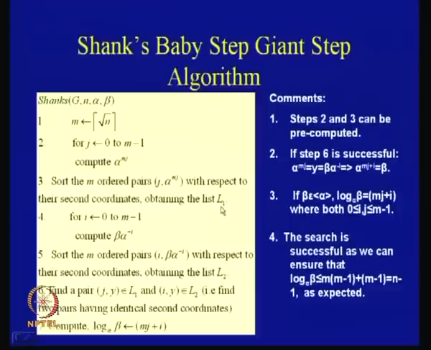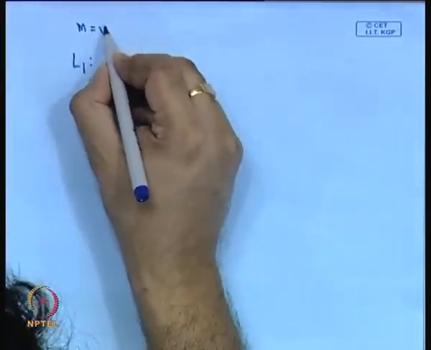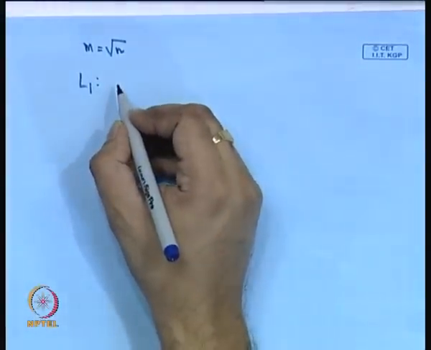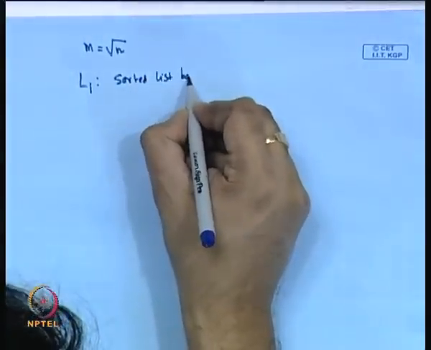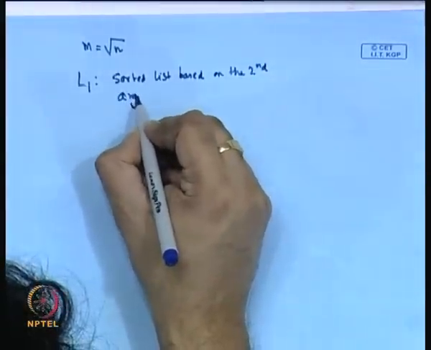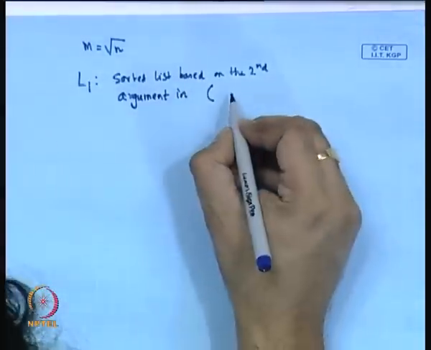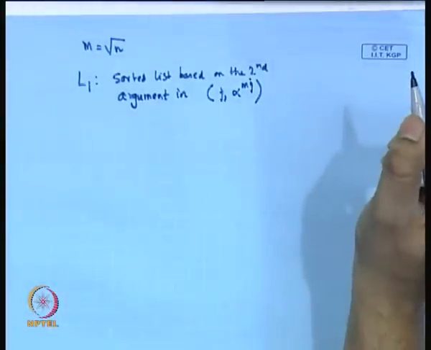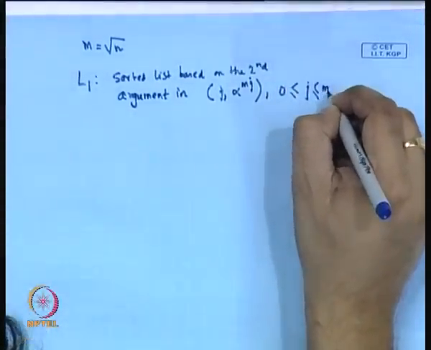So basically the list L1: m is set to square root of n, and we make a list L1 which is the list sorted based on the second argument in your (j, alpha^(mj)). Where j is running from 0 to m minus 1.